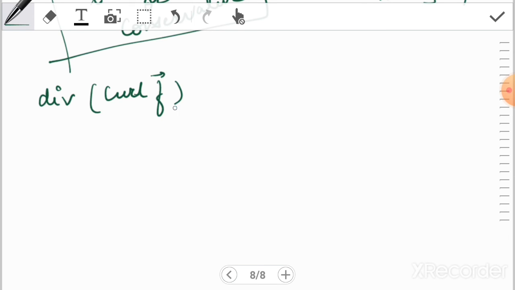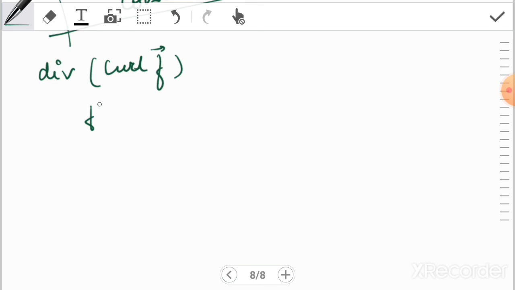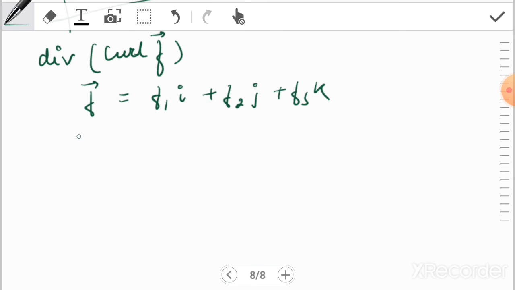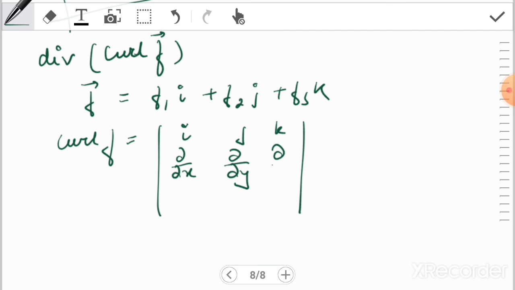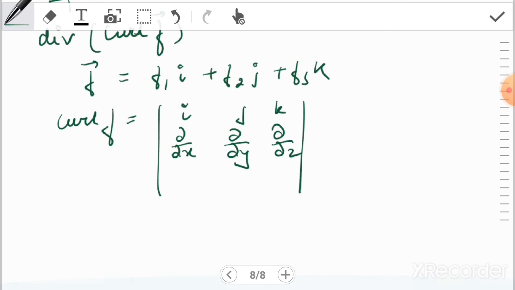Let us say f is f1 i plus f2 j plus f3 k. So curl of f is the determinant of i j k, del by del x, del by del y, del by del z, f1, f2 and f3.